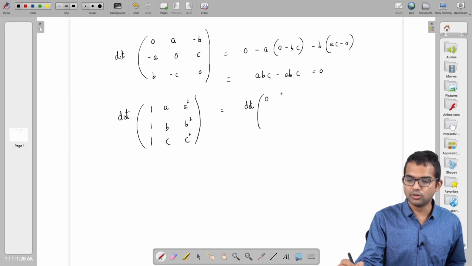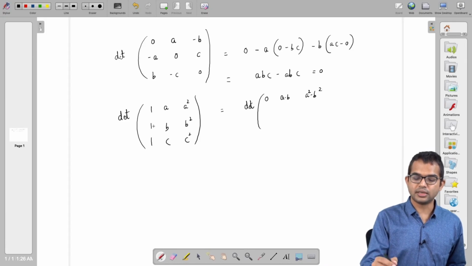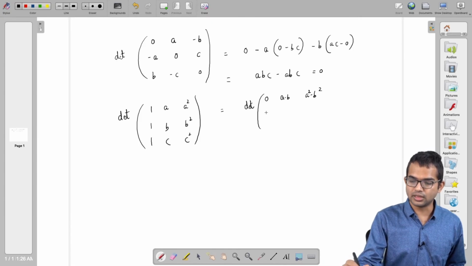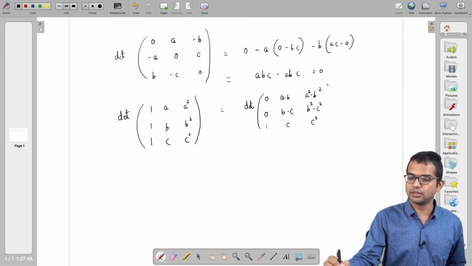So I get 0, then A minus B, then A squared minus B squared. Likewise I can subtract the third row from the second row. So again I get 0, then B minus C, then B squared minus C squared. Let me leave this row as it is: 1 C C squared.